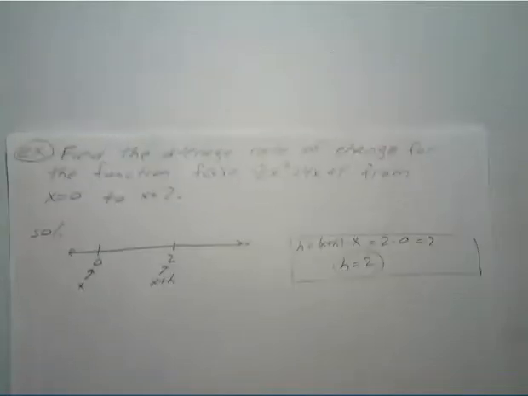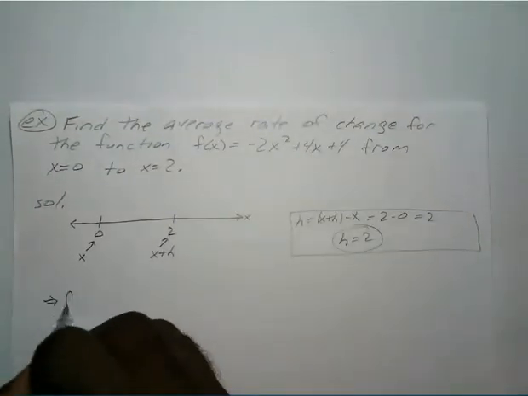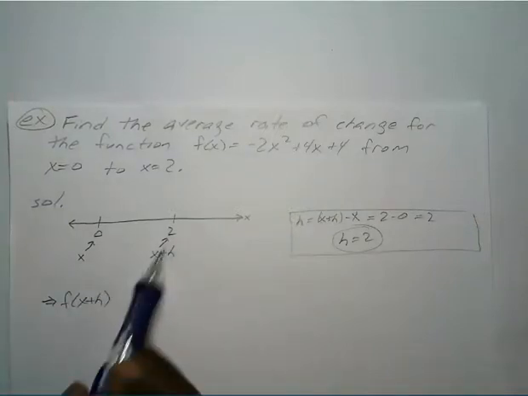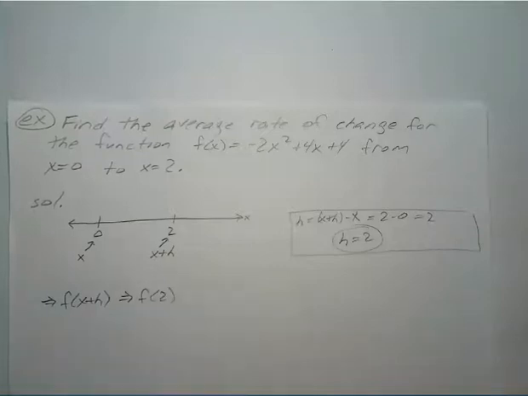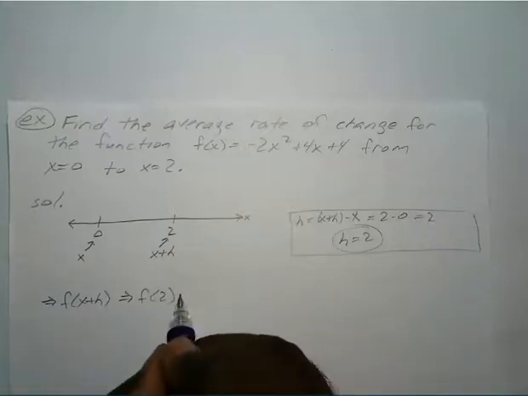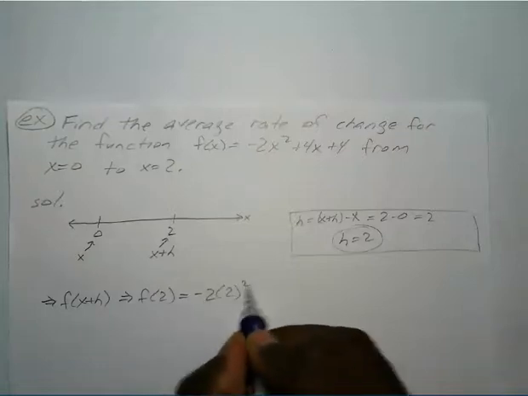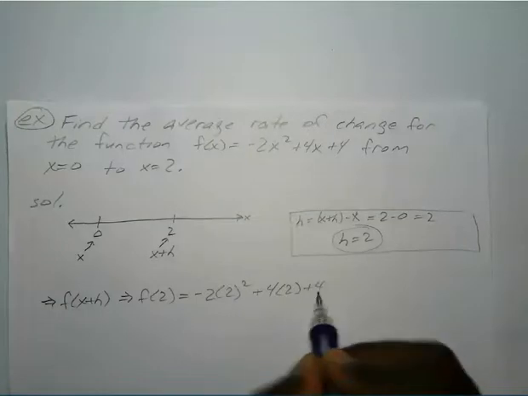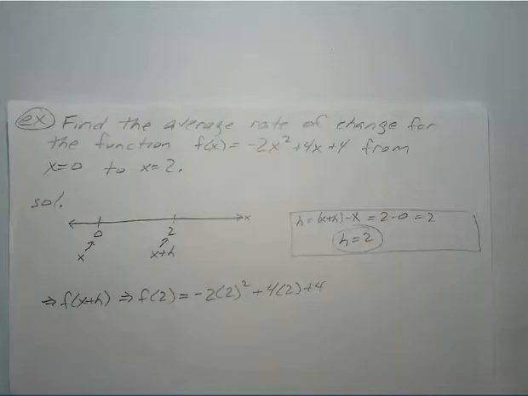Okay, so now we have our f of x plus h. We're going to go ahead and figure that out. Our x plus h is 2, so this is just f of 2. Which is just negative 2 times 2 squared plus 4 times 2 plus 4. So all we did was replace all of our x's with 2.